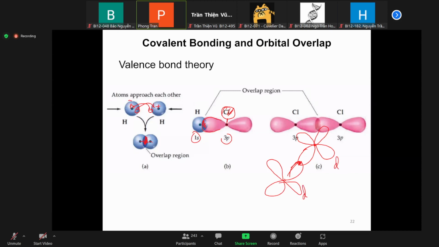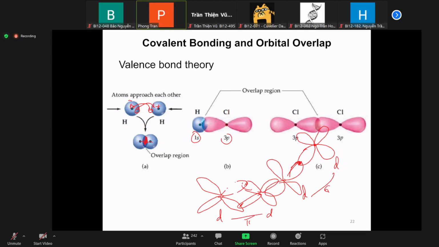Of course, the orbital d will have another mode of overlap like this one. So you will also have dd. So this one makes a sigma bond, and this one makes a pi bond. We will see later, but just for information for now.